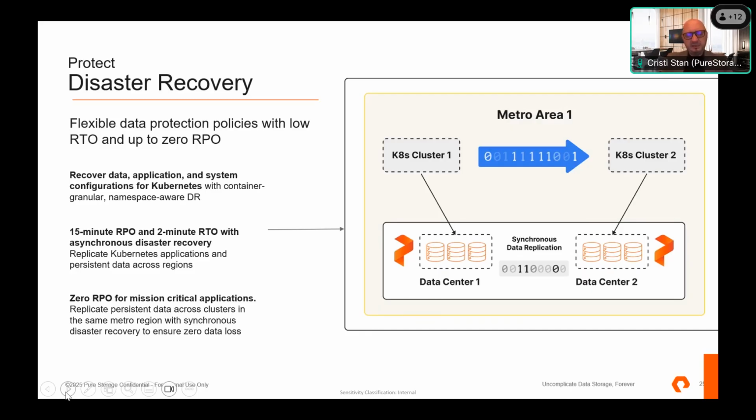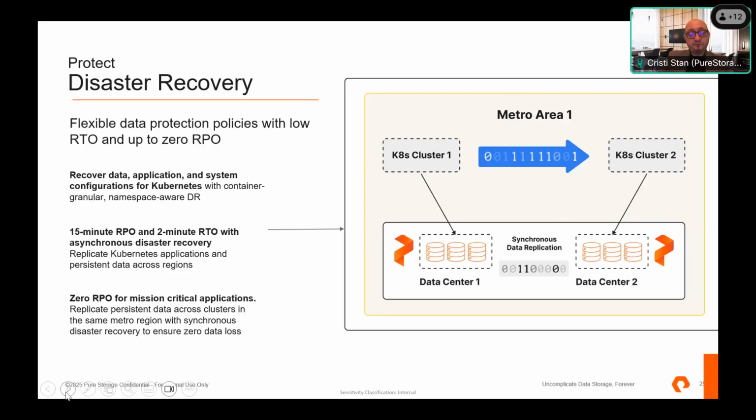For Kubernetes, the disaster recovery must happen at the application level. So this means I can do a granular selection of my application components. So I can either do a disaster recovery for the whole namespace, or I can do a disaster recovery for certain components inside my namespace, or I can do disaster recovery only for the data, and I'm going to redeploy the rest of the components on the secondary cluster. That's up to the customer to decide.